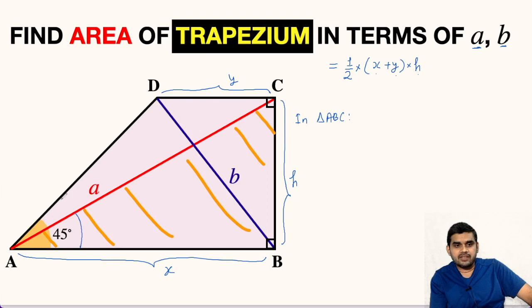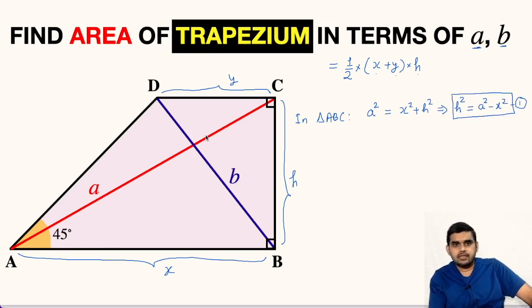In fact, 45 degrees is this complete angle. So here by Pythagorean theorem, we can write small a square, that means the square of hypotenuse, is equal to x square plus h square, and from here we can write h square is equal to a square minus x square.